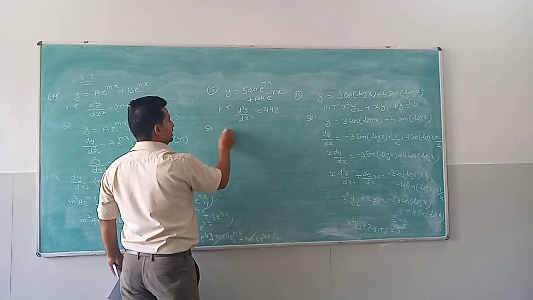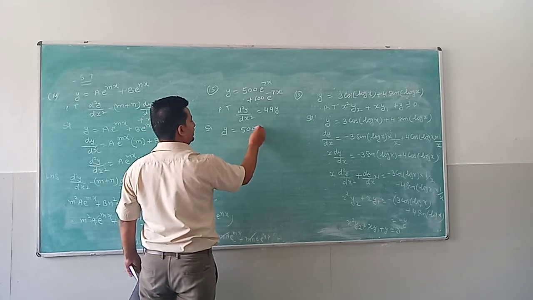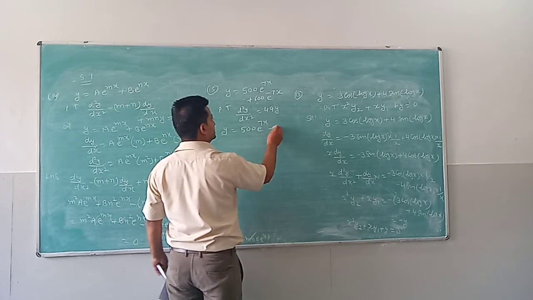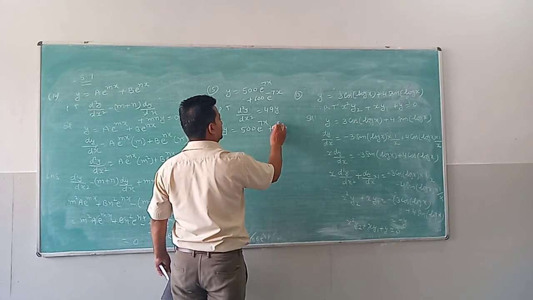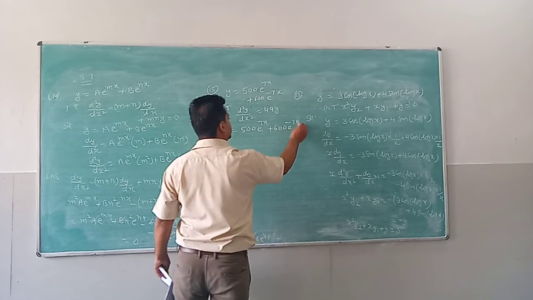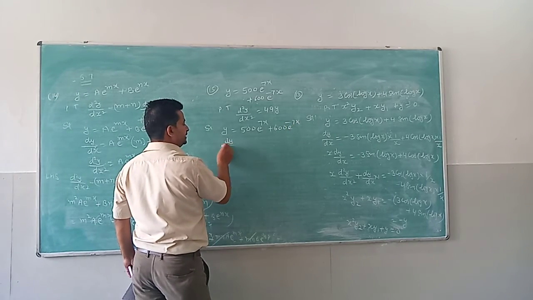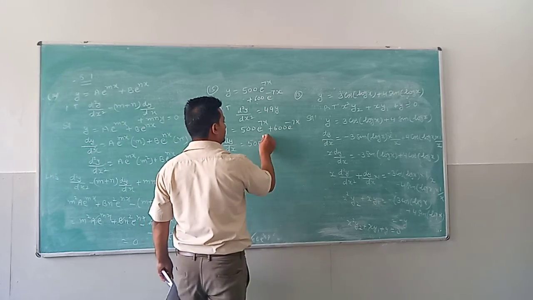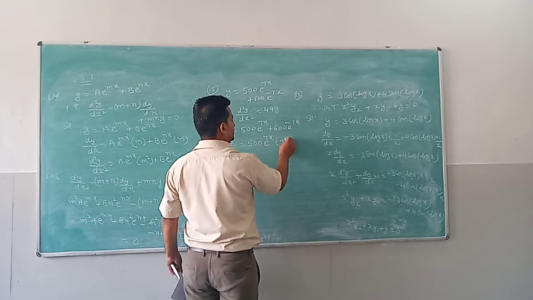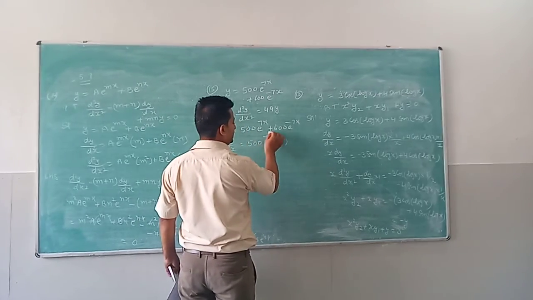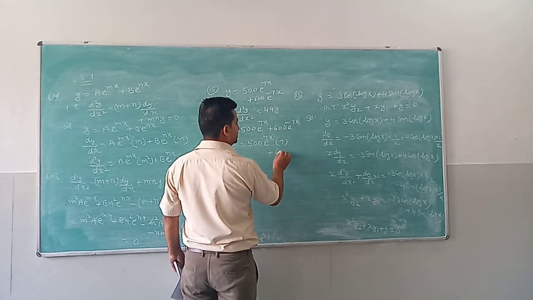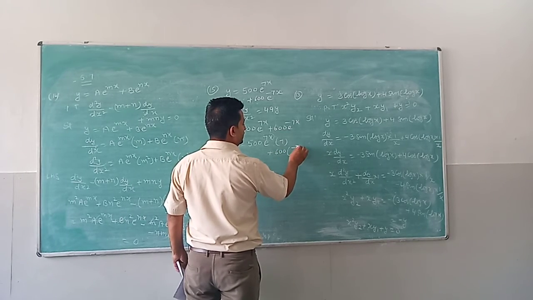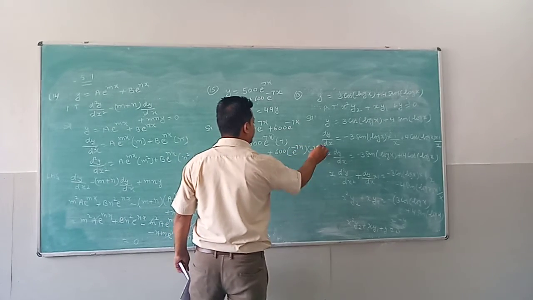For this, y is equal to 500 e power 7x plus 600 e power minus 7x. When we differentiate this with respect to x, this is 500, differentiation of e power 7x is same, and this is 7. So this is 600, differentiation of this is minus 7.